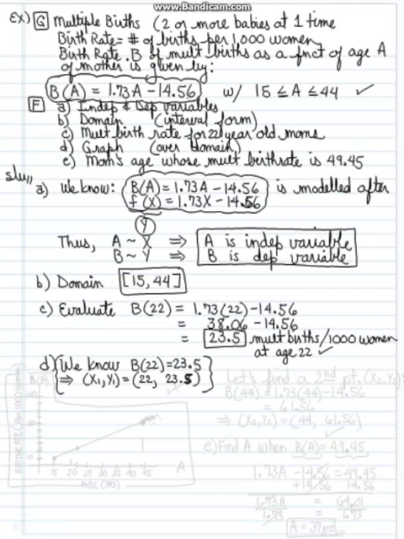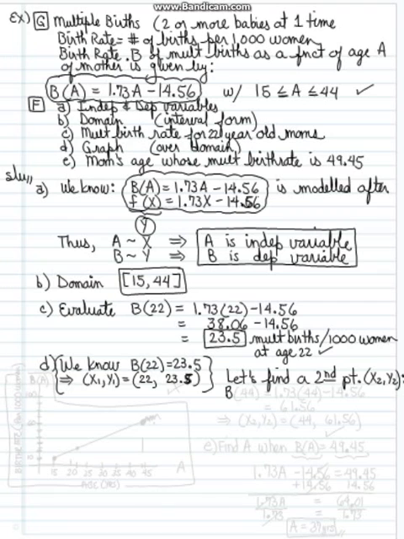We need a second point, because if we have two ordered pairs, we can do the graph. Let's find a second point, which I'm going to call x sub 2, y sub 2. Let the independent variable a be equal to 44.